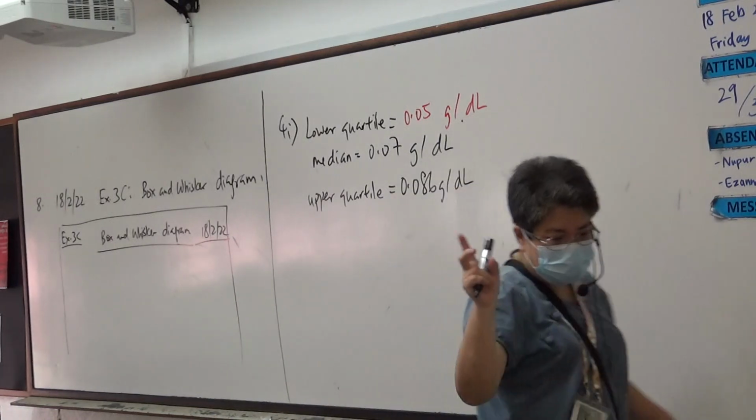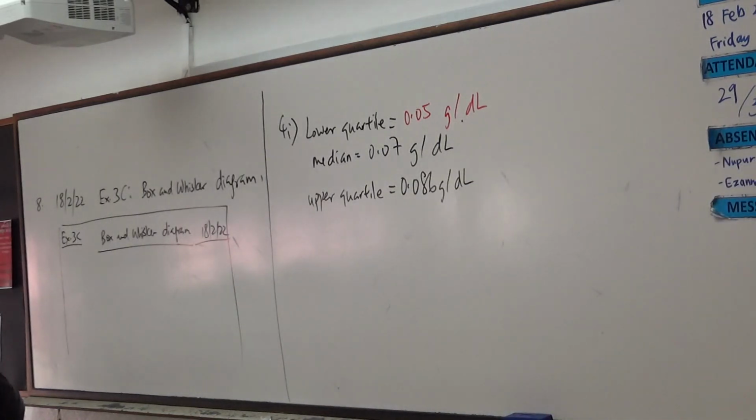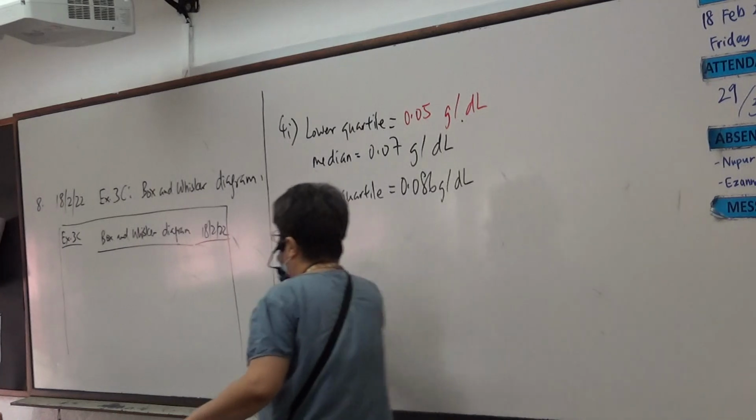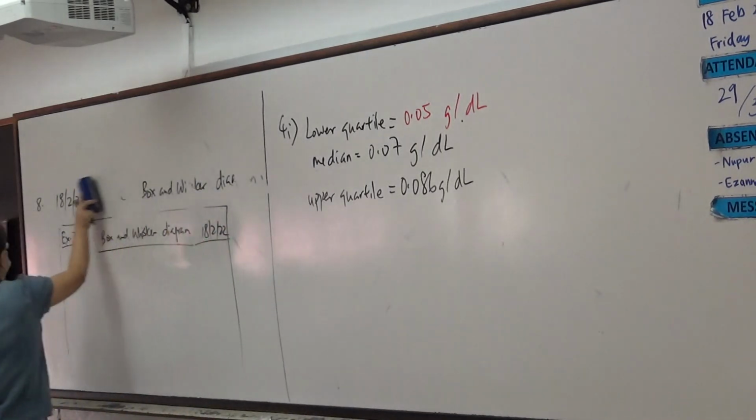Okay? Can we look at part 2? Compare the spread of the alcohol content between the highest 25% and the lowest 25% of the drivers. Now, can I just roughly sketch it over here? Okay.